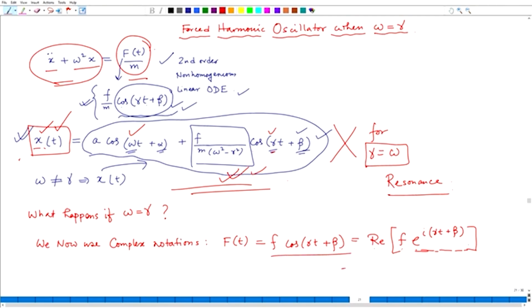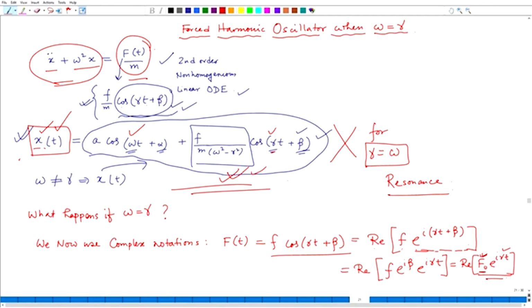Okay. I can do another thing. I can take F, which is a constant, and the constant part from here, which is e^{iβ}, times the time dependent part e^{iγt}, and then call that Re[F0 e^{iγt}]. This is a specific writing where you take all the constant part together and the time dependent part aside, and this is then another amplitude.